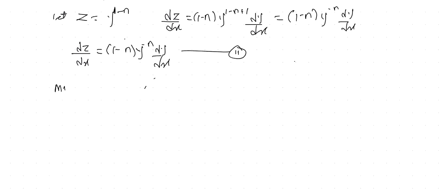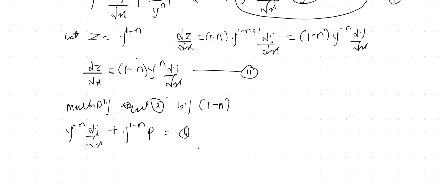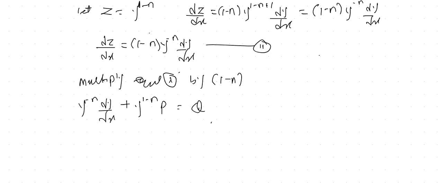Equation 1 is given as y^(-n) dy/dx plus y^(1-n) p equals q. If I'm not mistaken, yes, we are correct. So let's multiply through by 1 minus n.